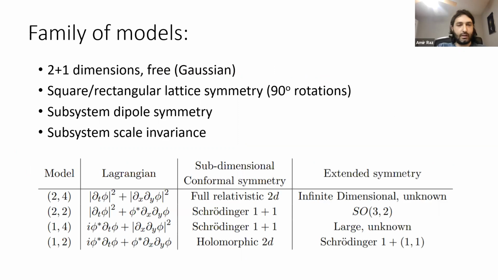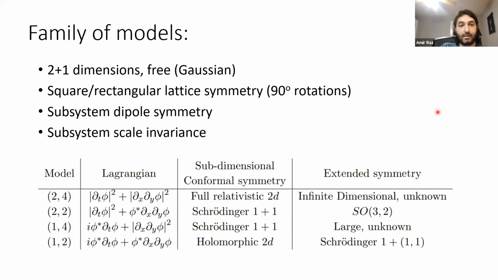Just maybe, before I talk about this 2-2 model, which Nati and other people wanted me to talk about a little bit more, a little recap about these models. They're all free 2+1 dimensional models.